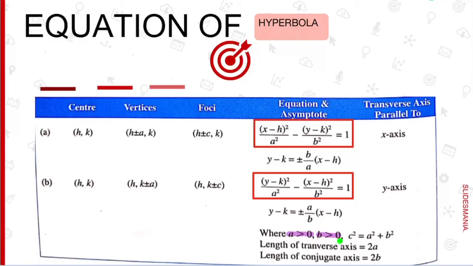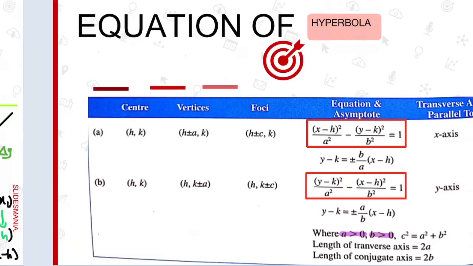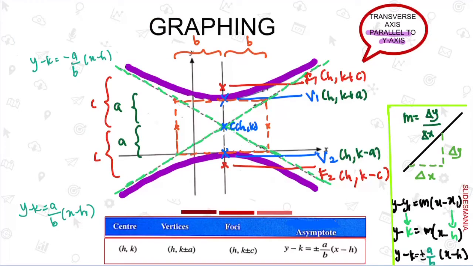So what is the connection between a, b, and c? In hyperbola, c is the largest distance compared to a and b. Let us go back and see here. This is your a, this is your c, and this is your b. So in any case, the distance c is the largest.